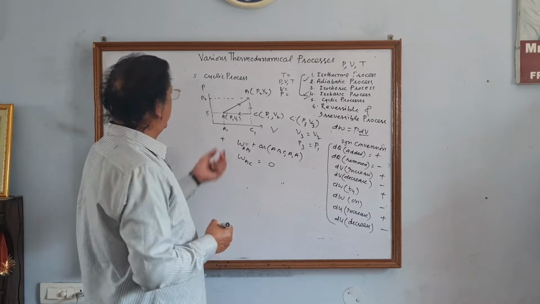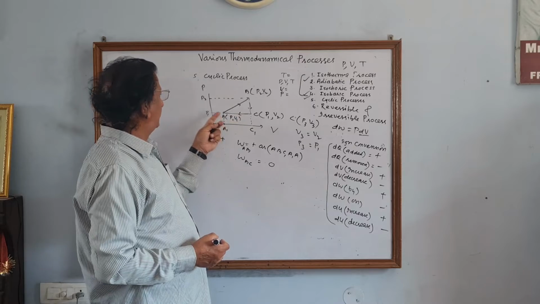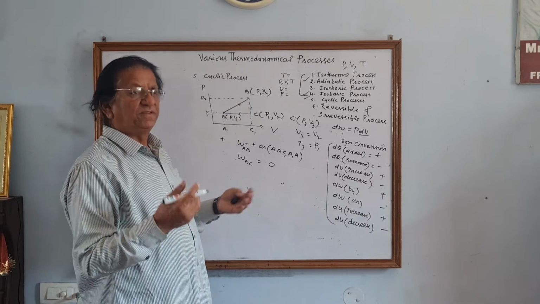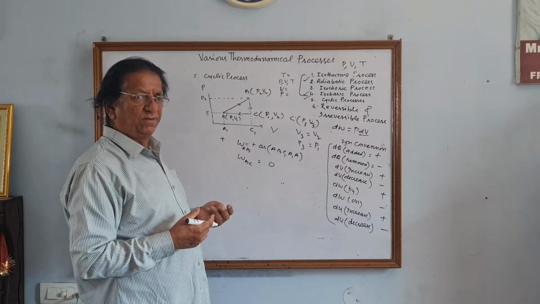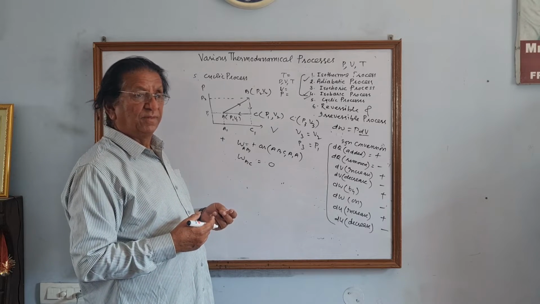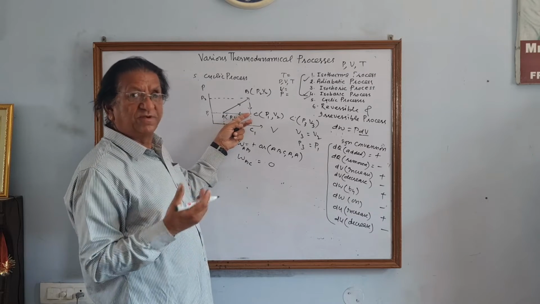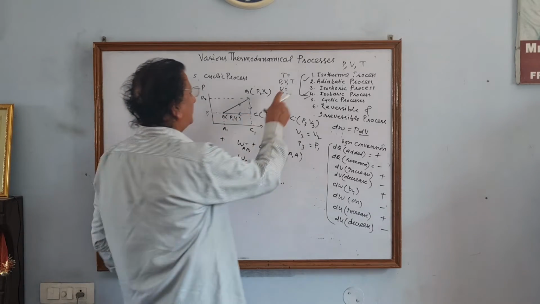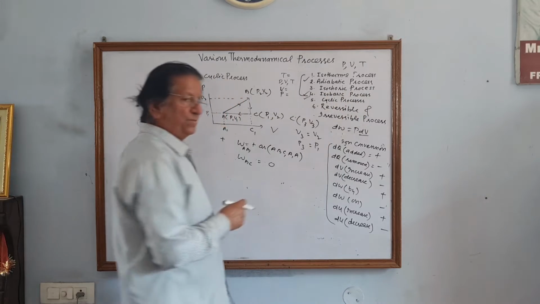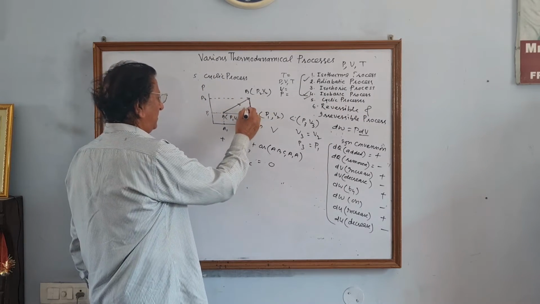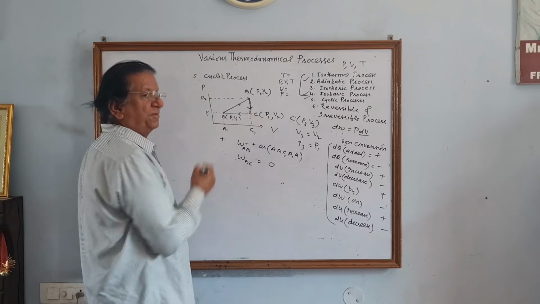If somebody asks you, when system goes from A to B state or from B to C or C to A, which process is going on? When system goes from B to C, volume is constant. Volume is constant for isochoric process. That means this part of the graph shows isochoric process.